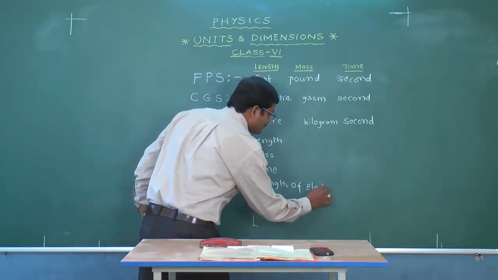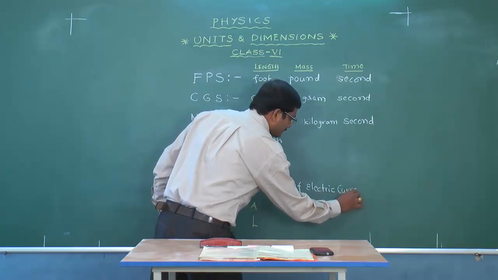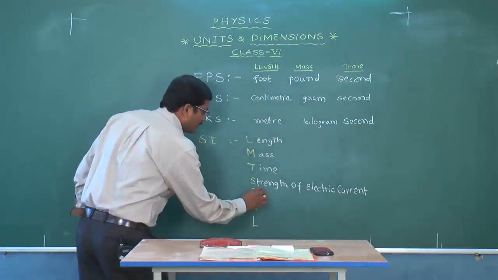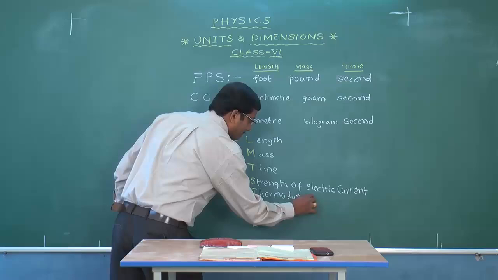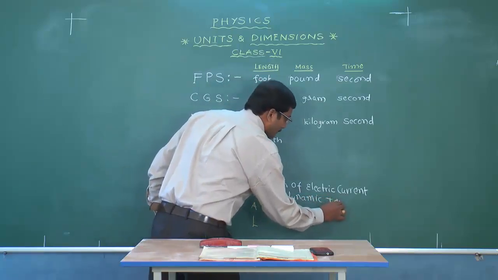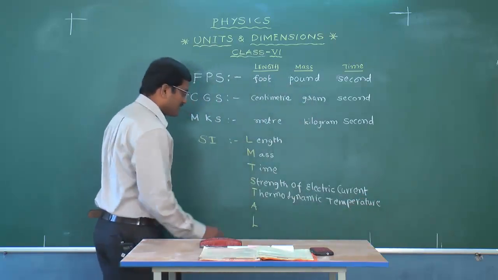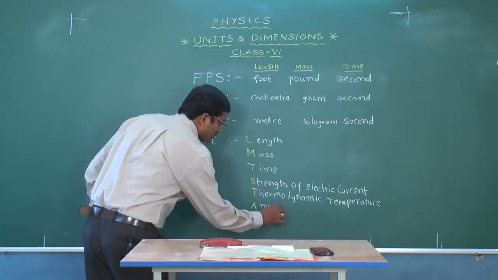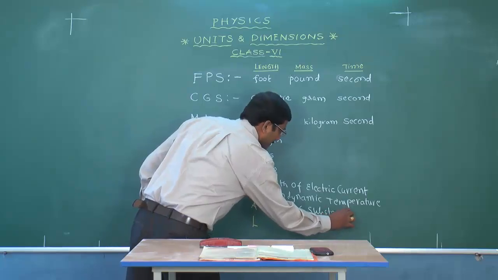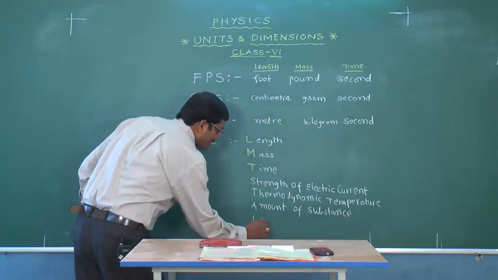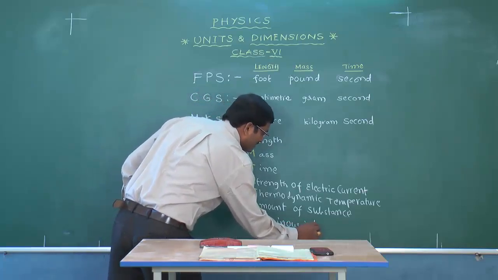electric current, and next T for thermodynamic temperature, and next A for amount of substance, and next, last but not least, luminous intensity.